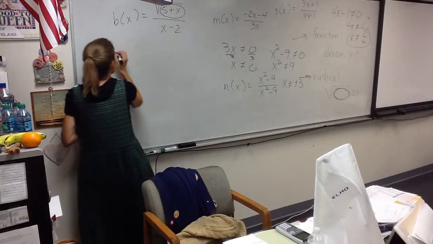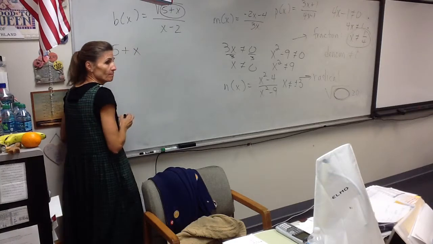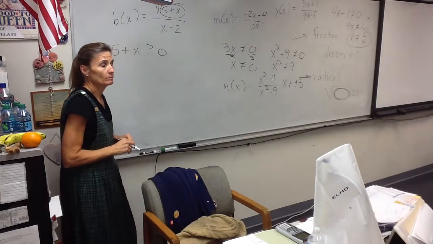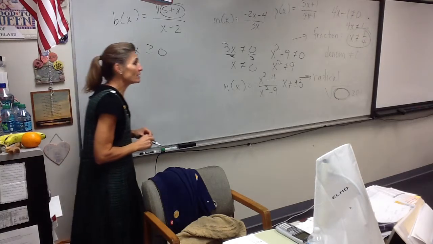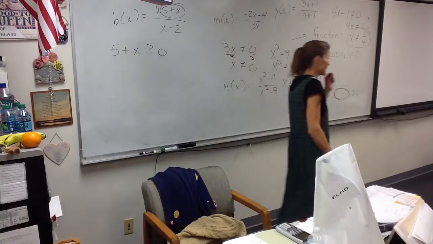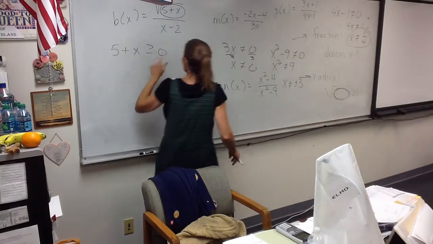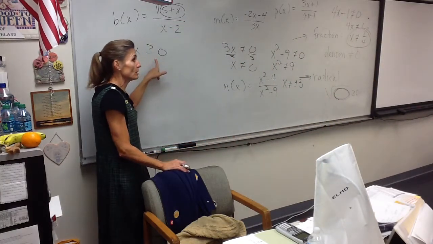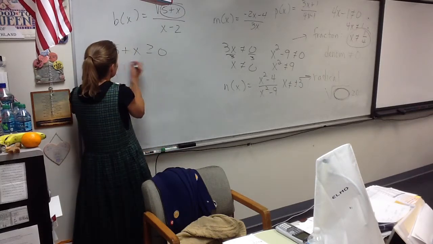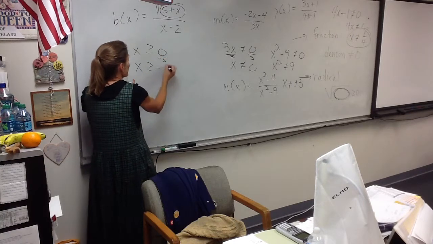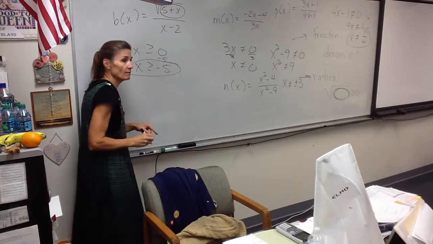Whatever is underneath, 5 plus x, has to be greater than or equal to 0. The radical rule, Katie Thomas, is whatever is under the radical has to be greater than or equal to 0. So I'm going to say 5 plus x is greater than or equal to 0, and I'm going to solve that by subtracting 5. So what's x? Greater than or equal to negative 5.